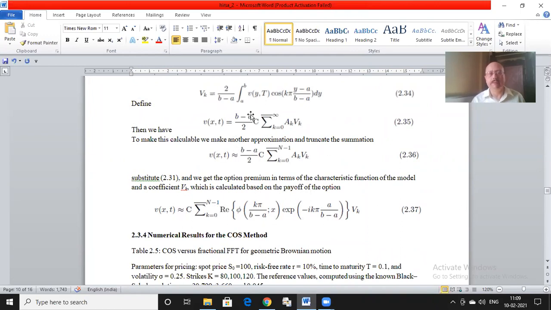Vk is this integral, which is a close approximation because I can choose A to be large enough, and capital N also can be chosen to be large enough. And now if you look at this expression, you will see that if I know the characteristic function, I can write this code very easily, and computations will happen in an efficient manner.